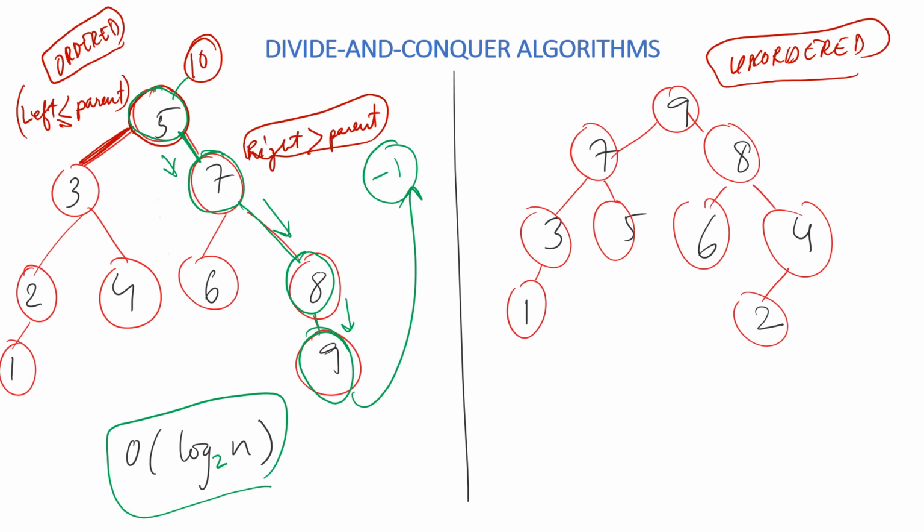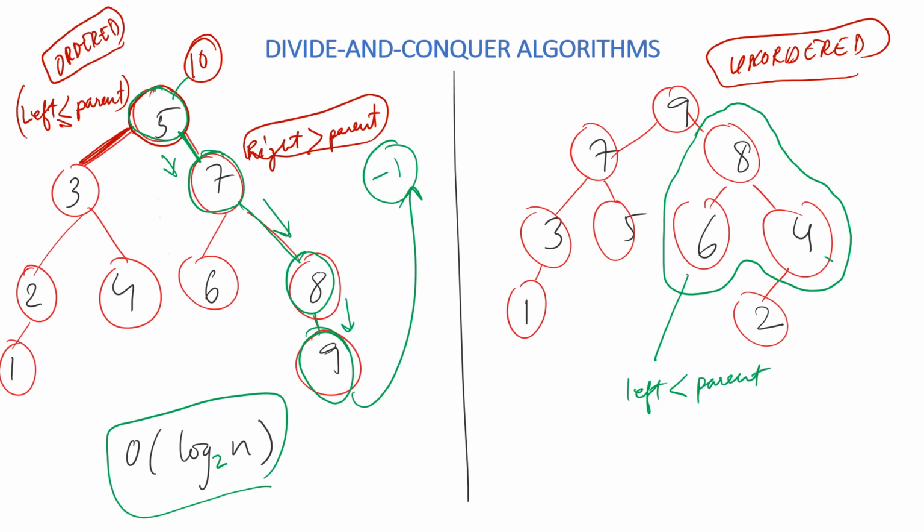And I'm just gonna go through this example here of this subtree where left is less than the parent, the right is less than the parent, and the right is less than the left.